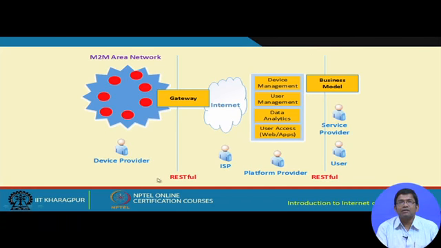The RESTful architecture is useful in low end, resource limited environments, and in this case we are using it as an interface between the device provider and the internet service provider. Then from the internet service provider it comes to the platform provider, which takes care of functionalities such as device management, user management, data analytics and user access.